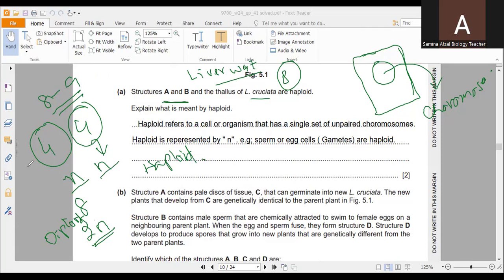So we can say in sperms or in eggs, which are the gametes, sperm present in the male, eggs produced by the female, a haploid number of chromosomes is there. It means half the number of chromosomes, or a single set of chromosomes, present in sperms and eggs.